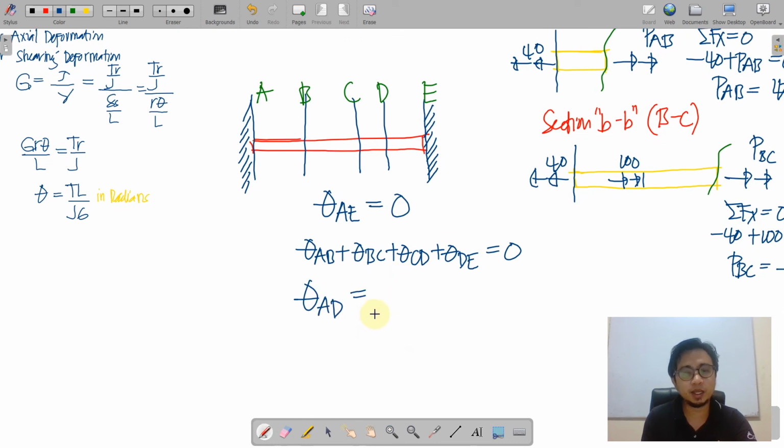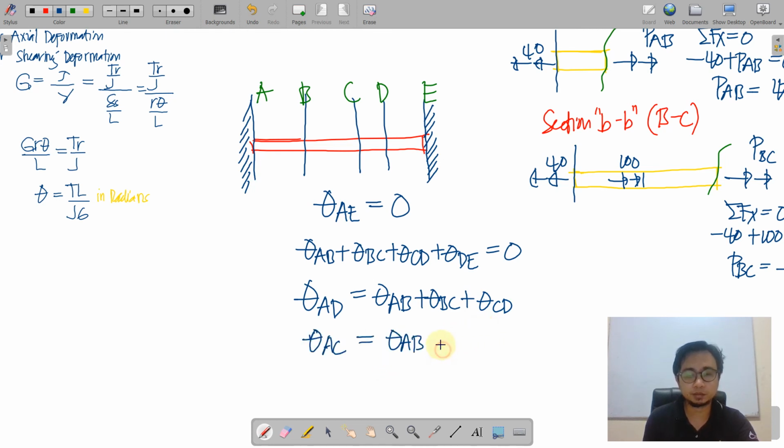We have theta AD is equal to theta AB plus theta BC plus theta CD, and we do not need to add theta DE. Similarly, if we are concerned with theta A to C, we have theta AB plus theta BC. So if you would ask, what if we have theta AB?